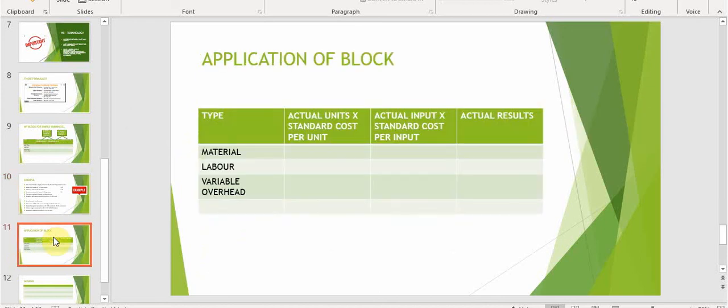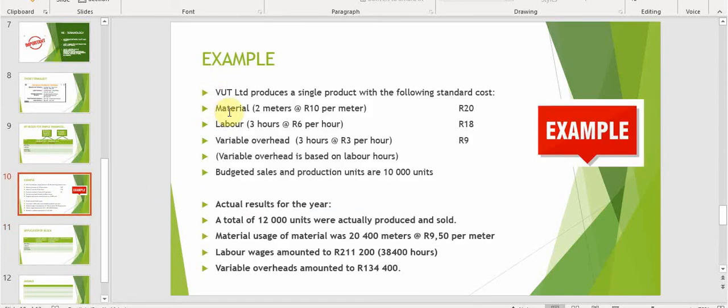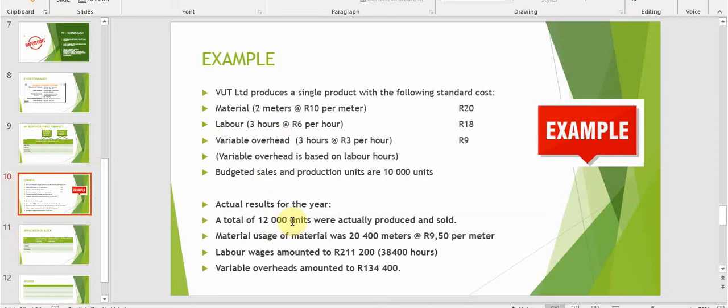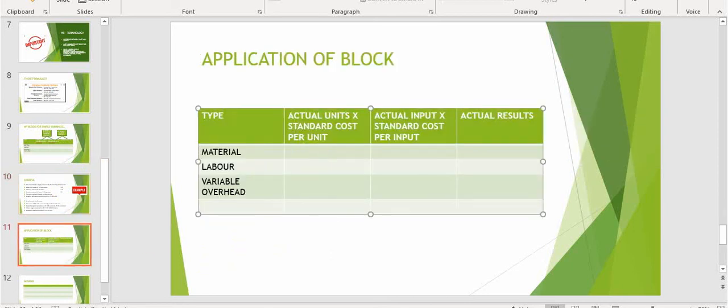So the first one says actual units times standard cost per unit for material. If I go back to my information, the standard cost per unit of the material is 20 Rand. And then the actual units for the year was under the actual results, and it was 12,000. So for material, I'm going to say it is 12,000 units, I'm just going to use the U, it stands for units, times 20 Rand.